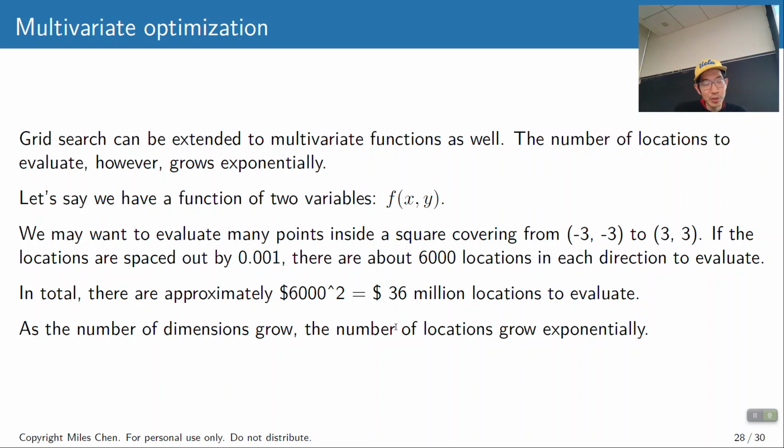So anyway, when you have multivariate functions, grid search no longer becomes an option. So we have to think of strategies to deal with these multivariate situations. In 102B, you will learn something called gradient descent.